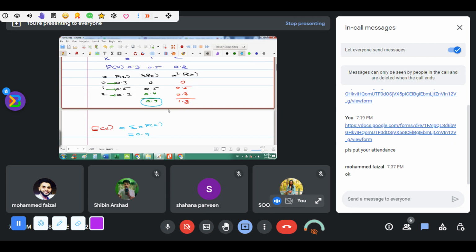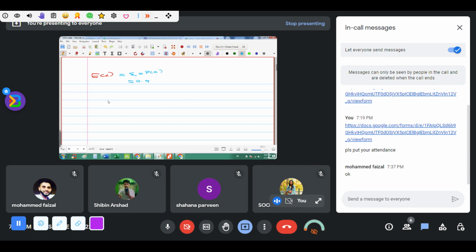Similarly, we can find the variance. So apply the variance formula. Sigma squared equal to, again write the formula: E of x squared minus E of x the whole squared. What is the E of x squared value? 1.3 minus E of x whole squared. E of x value is this one, therefore 0.9 squared. Any doubt up to this one?